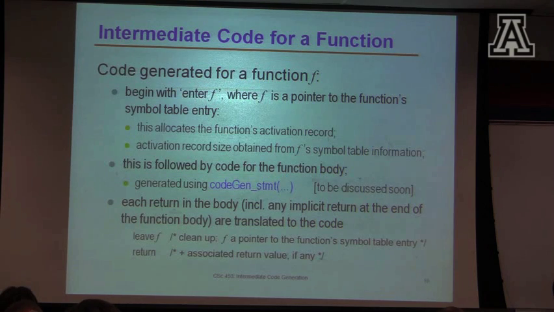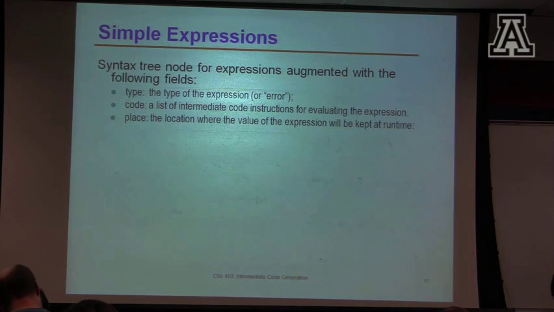Diana. So every time you evaluate an expression and create a place in the symbol table to put your result, do you then put a pointer tag on that expression pointing to the symbol table? Yes, I do, and that is this place field.